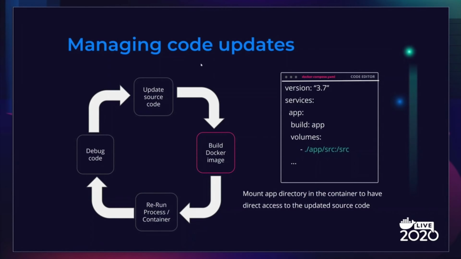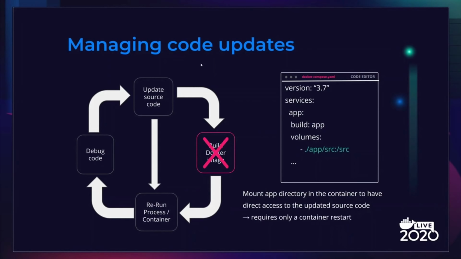So we can apply these code changes without having to build the actual image. We can do this simply by mounting the local source code directory to its path in the container. For our particular project, we have to mount app/src to the src path in the container.